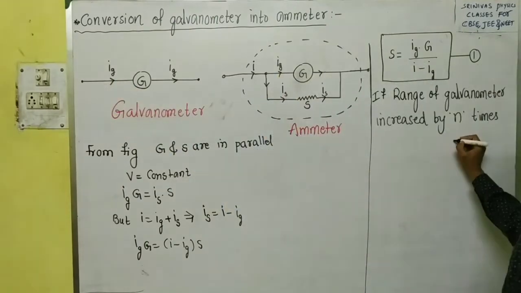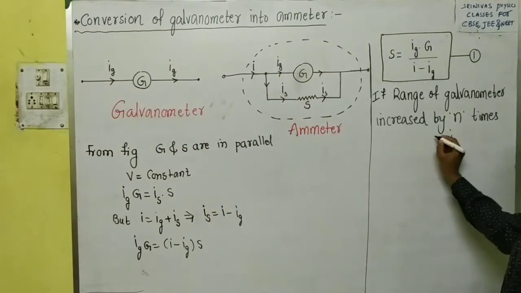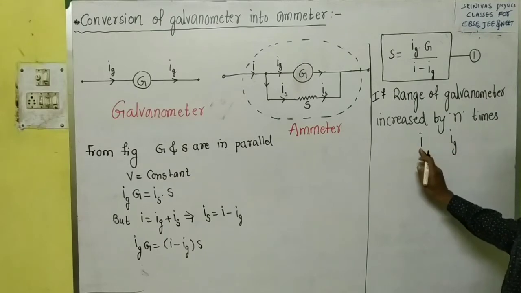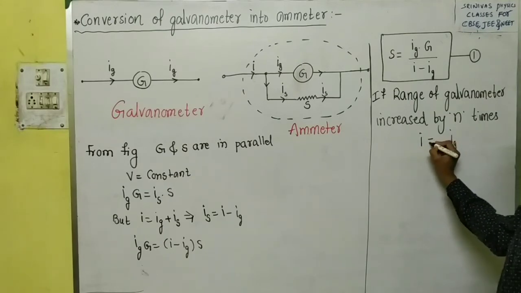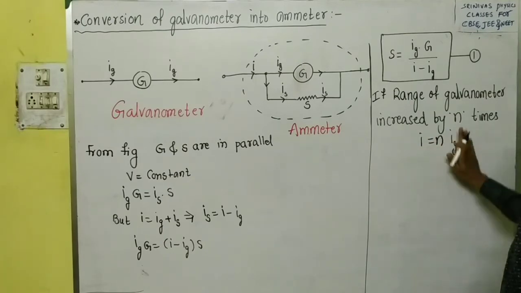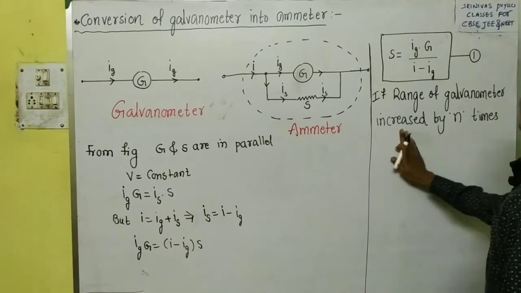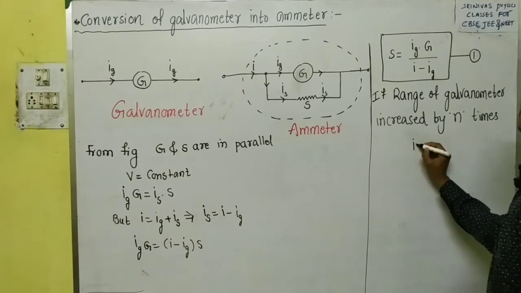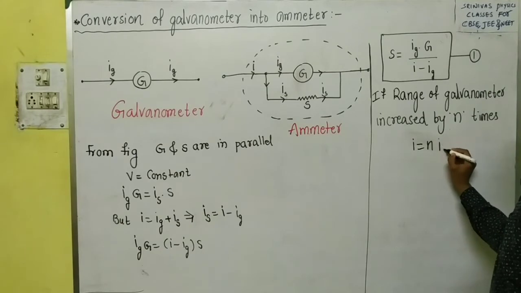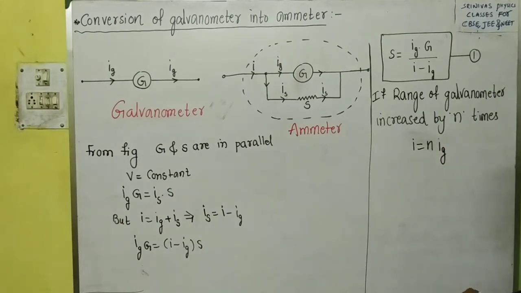Ig. What is the present reading? I. The new reading is equal to n times the old reading, right? We write the new reading I as n into Ig, okay, right?